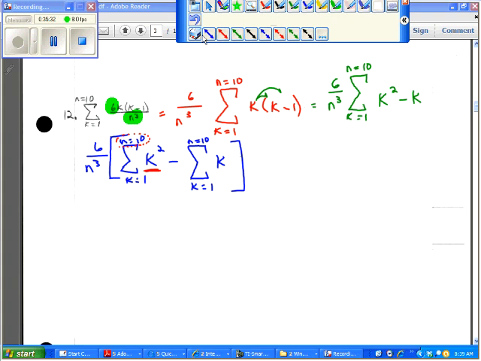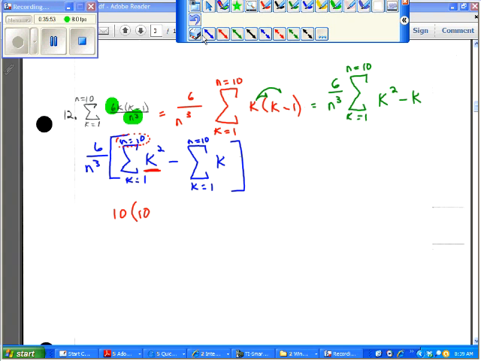So I'm going to say it in terms of upper bound: upper bound times upper bound plus 1 times 2 times upper bound plus 1 over 6.